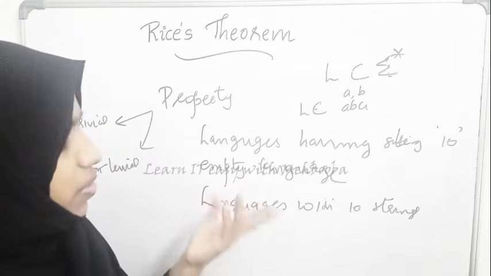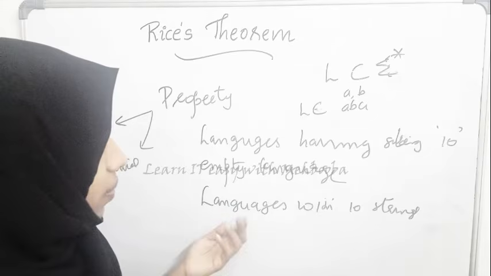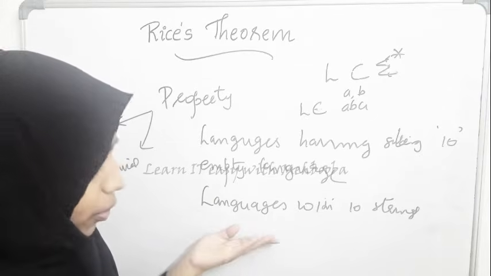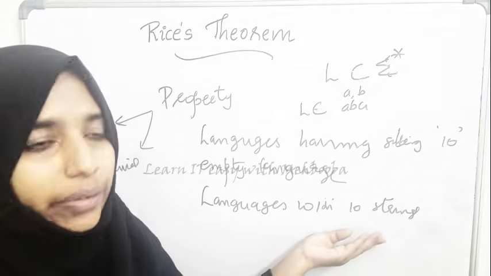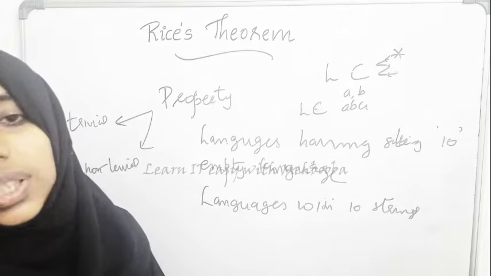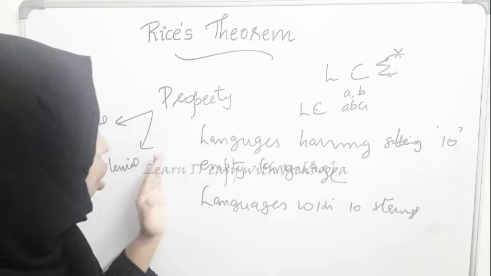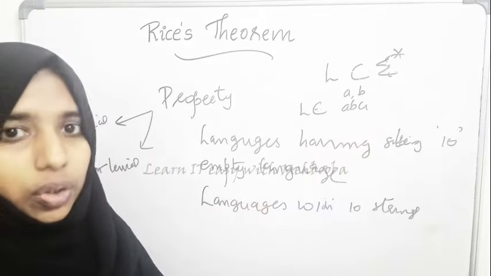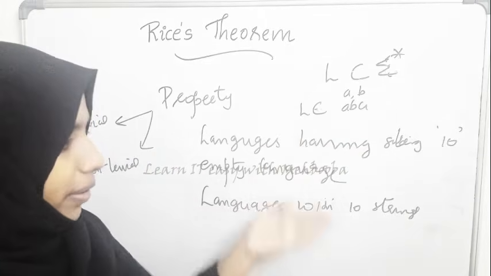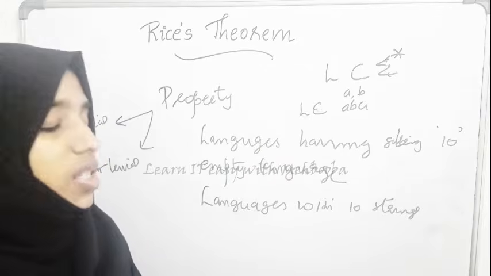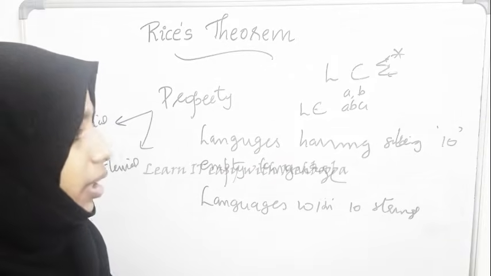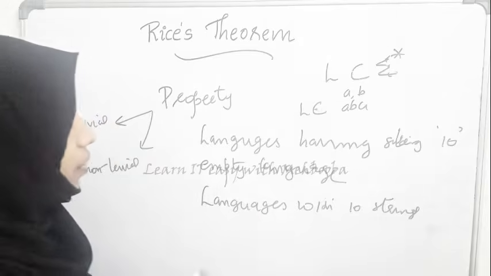And some Turing machines will not take empty language, and some Turing machines will have 10 strings in their language, and some have more than that, or some have even less than that. So these are examples of non-trivial properties, because some Turing machines will be having these properties and some other Turing machines will not have that property. Is it clear? So that is non-trivial properties.